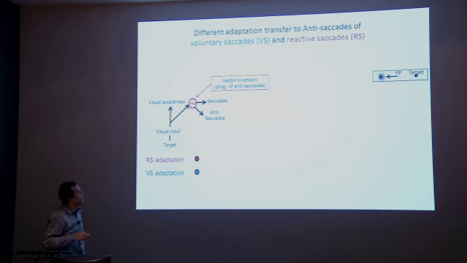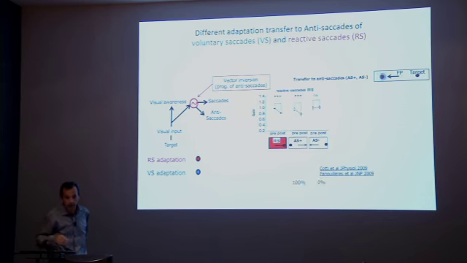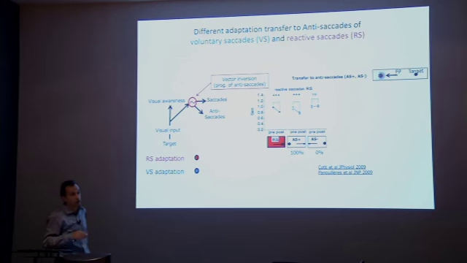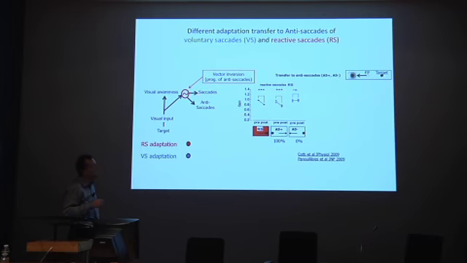And this operation is called vector inversion, which has to be done during the planning of an anti-saccade. And so we asked whether saccadic adaptation would be taking place downstream or upstream of this vector inversion.